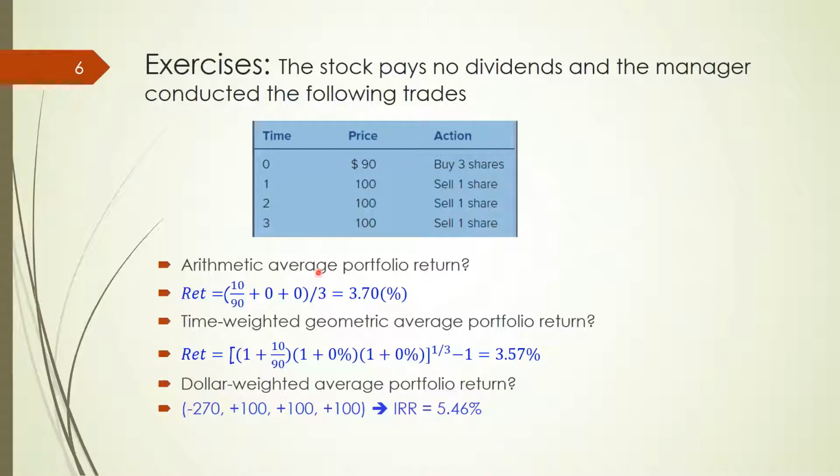So here we're taking a simple average, here we're taking compounded return, then taking the average geometric mean of this, and finally here we're doing a discounted cash flow model in order to get the IRR for the equation.